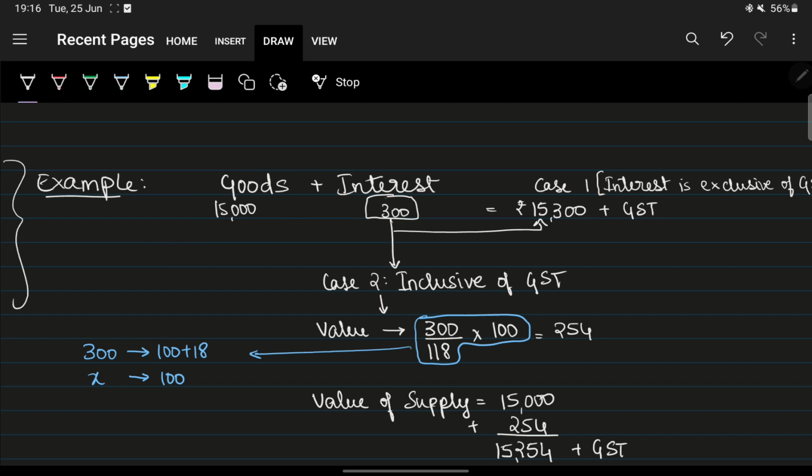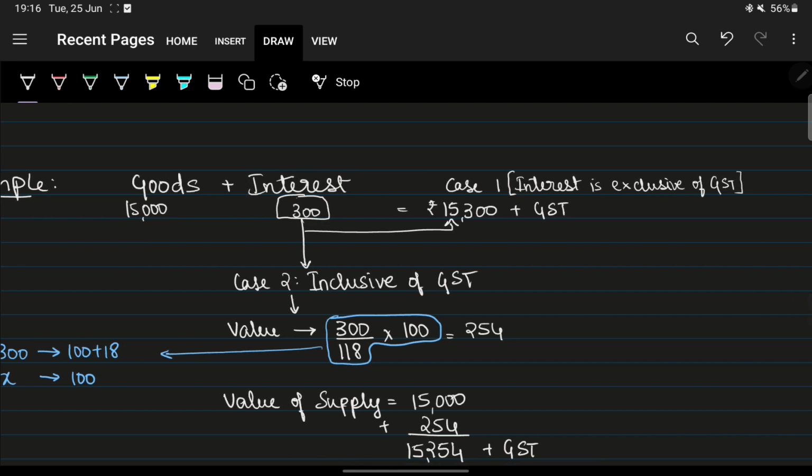Firstly we'll talk about exclusive of GST, because that's very simple. In case 1, we'll assume that it is exclusive of GST, meaning this 300 rupees does not include any GST amount. In that case we just have to add that to the value.